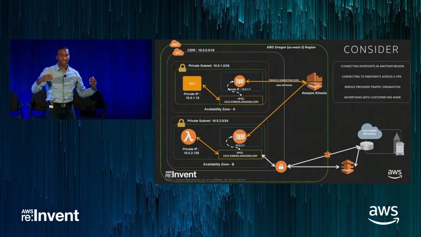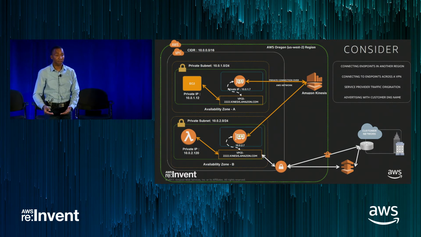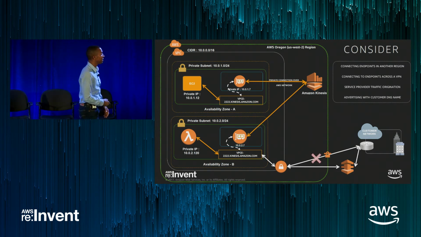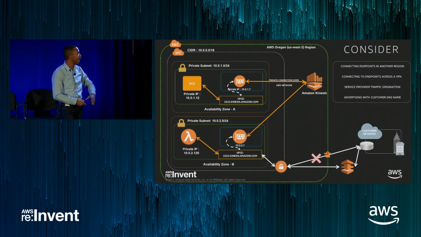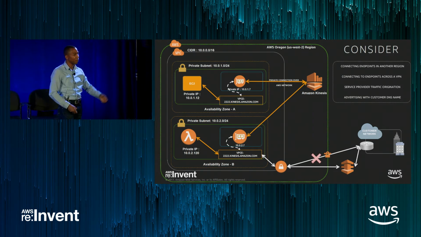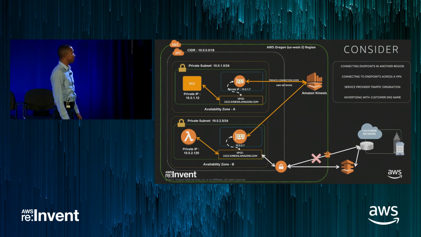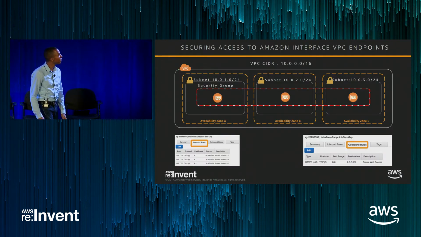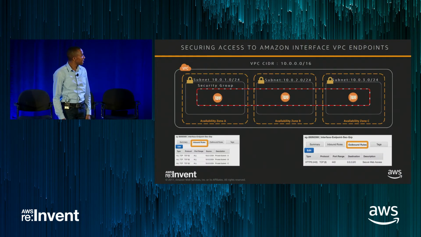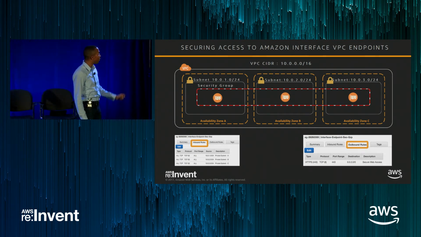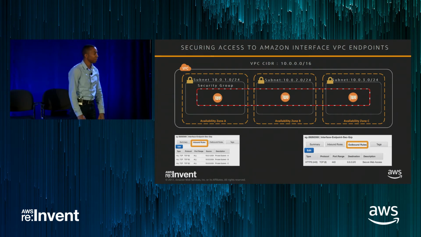So if I have users' applications within my data center, they can communicate with my endpoint via Direct Connect, but they can't communicate with my endpoint via an IPsec tunnel between my virtual private gateway and my customer gateway or firewall or Cisco ASR or ISR series routers, etc. So as I stated before, I can specify within my security groups what subnets should be able to access my endpoints.